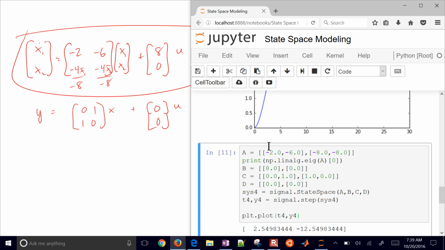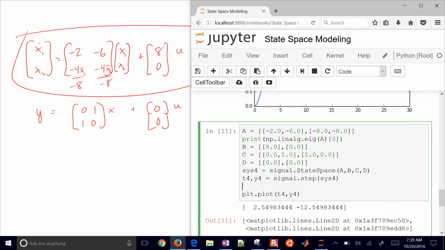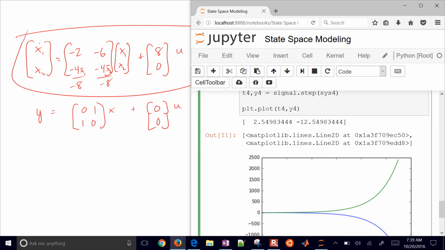And so we see, first of all, our eigenvalues give us something that might alarm us. We have a positive eigenvalue equal to 2.55, and also a negative one as well. So it only takes one positive eigenvalue to make this system unstable. So we think, without even looking at the plot, the system is going to be unstable.